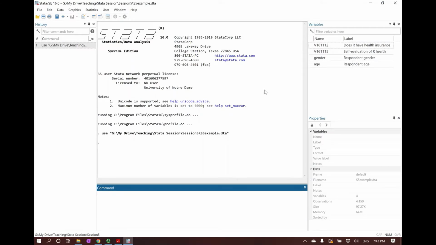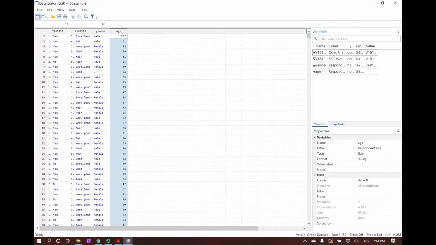If you take a quick look at the labels here, basically in this data set, we collected information on respondents' age, respondents' gender. We also asked if the respondents have health insurance and also a self-evaluation of their health status. Also, if you open the data browser, you can take a look at age being the quantitative data.